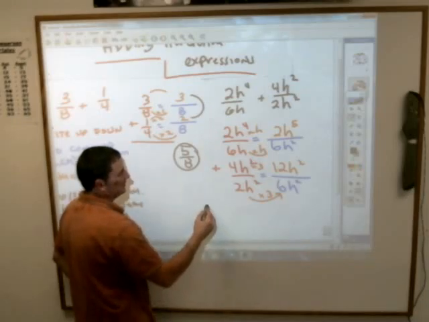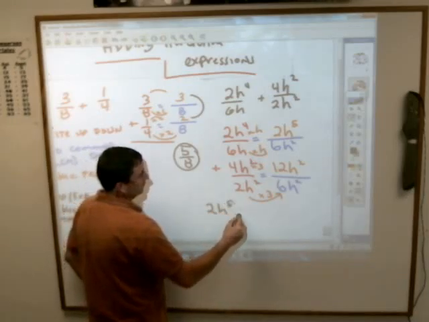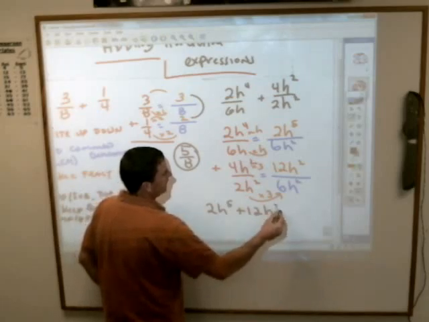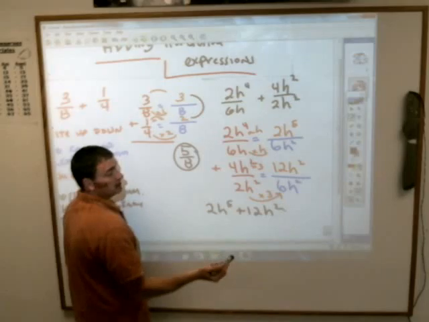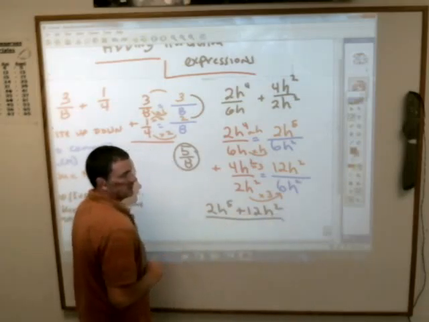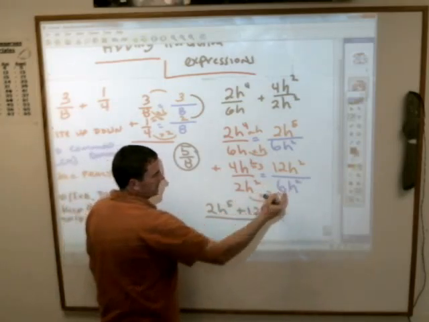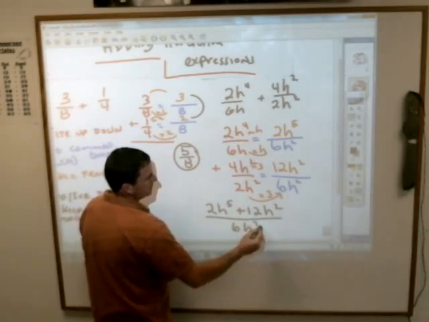You have to write it like this: 2h to the 5th plus 12h squared. The only time you can put these together is if both were h to the 5th or both were h squared, and they're not, so you have to write it like that, but it's all over just 6h squared.